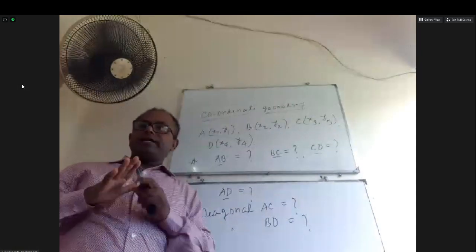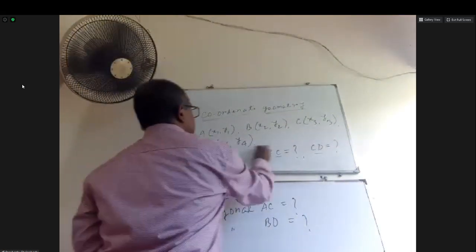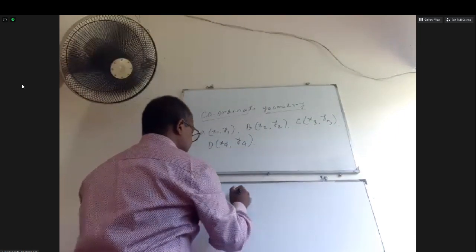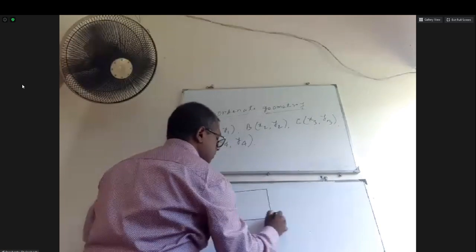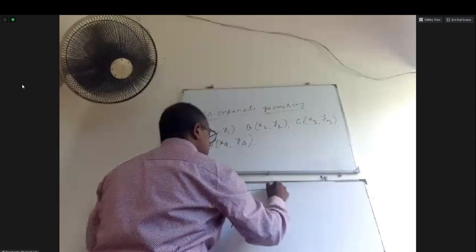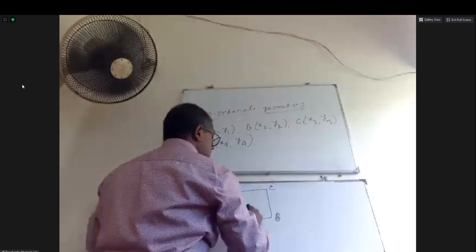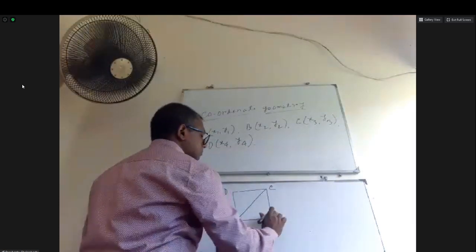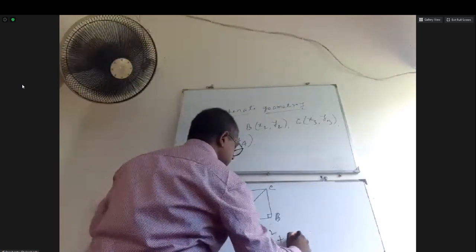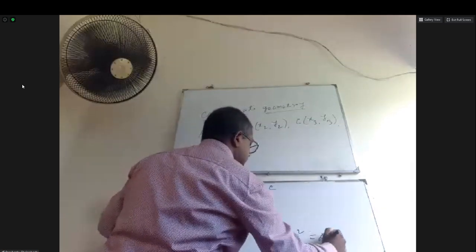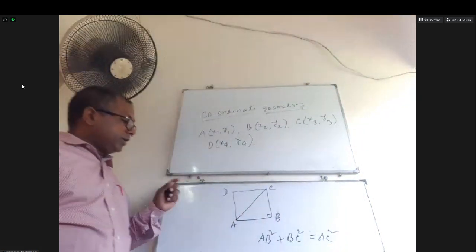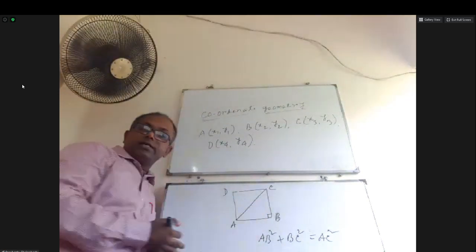We can also determine it in another way. For A, B, C, D, if AB square plus BC square equal to AC square, that is, if the Pythagoras theorem is satisfied, then we can say the triangle ABC is a right angle triangle.